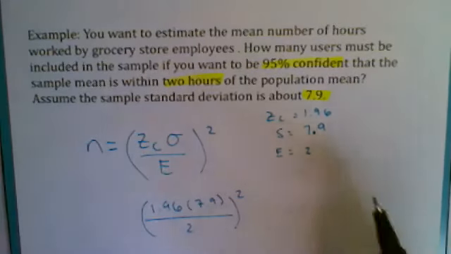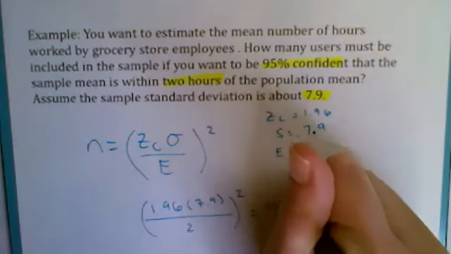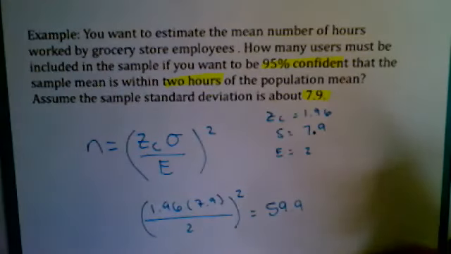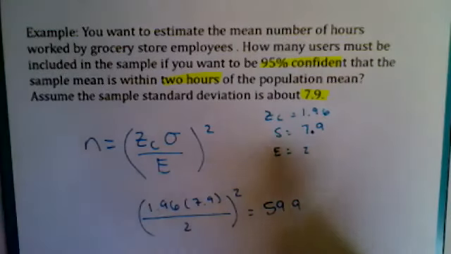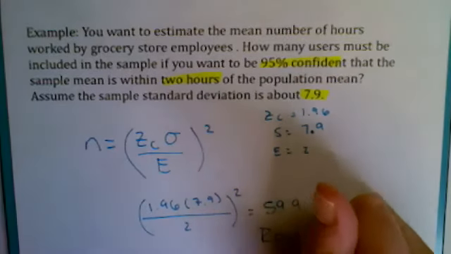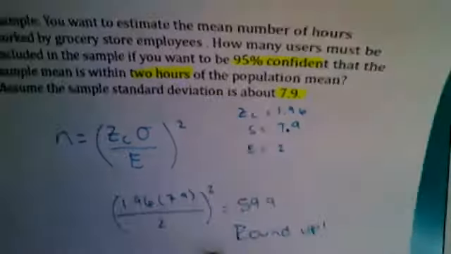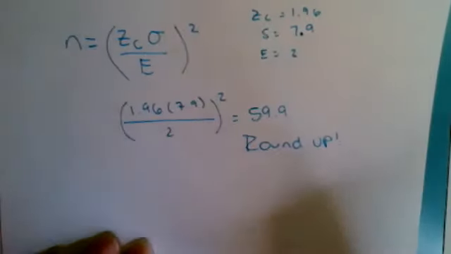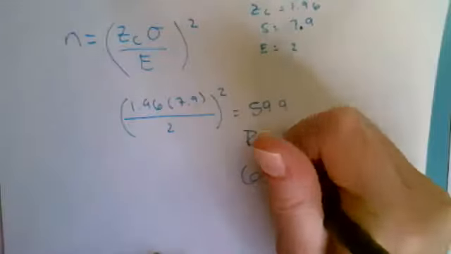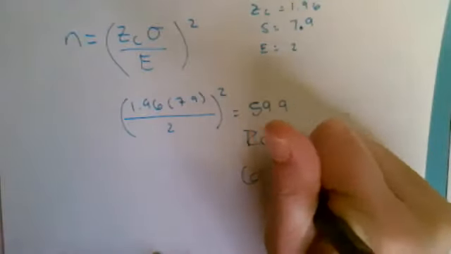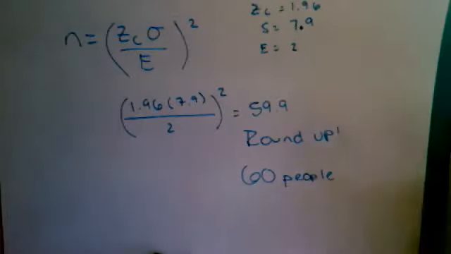Make sure you do the squared. For some reason, I keep forgetting to do that. All right, so I got about 59.9. Whenever you're doing these problems, you're always going to round up, even if the number you get is not telling you to round up, you're rounding up to the nearest whole number. So I'm going to get 60 people.